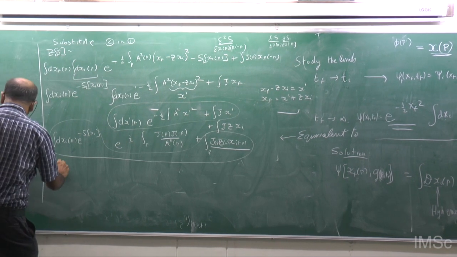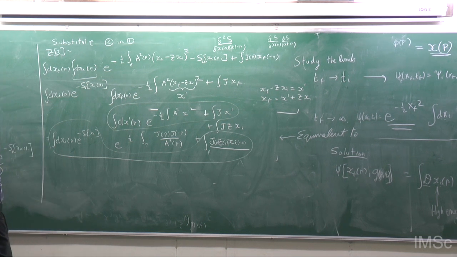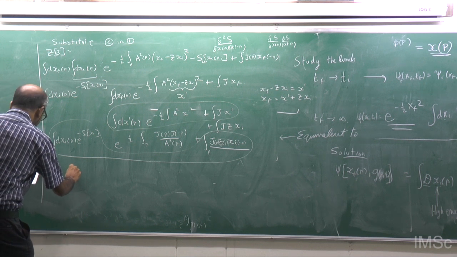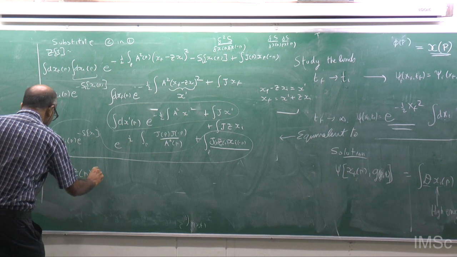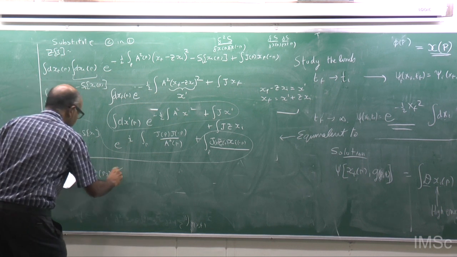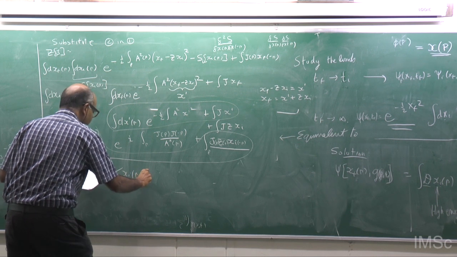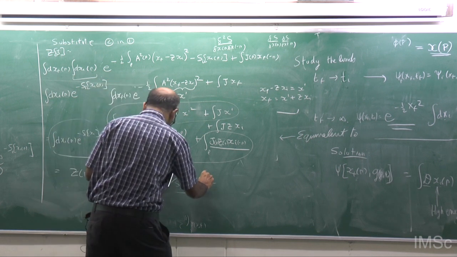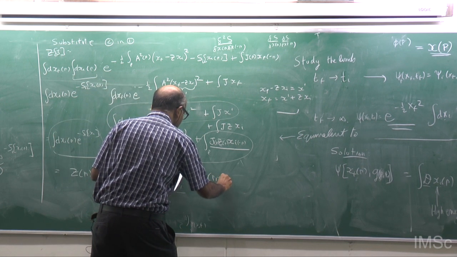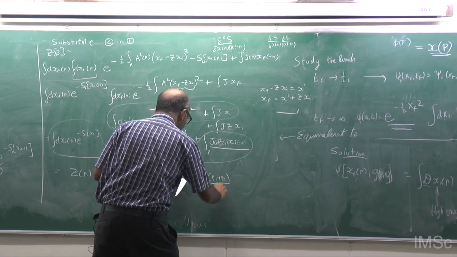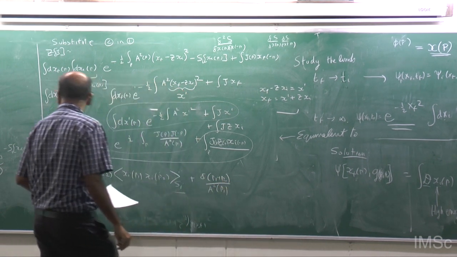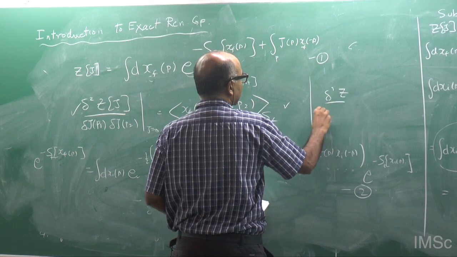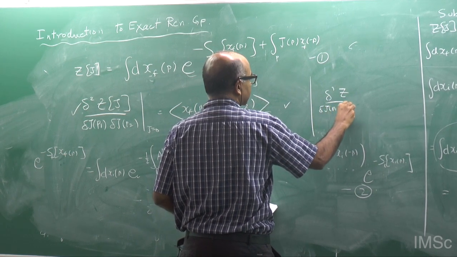What will you get? So this thing will give you the following thing. It will give you z p1 z p2 xi p1 xi p2 in the original Si plus a delta function piece. And if you calculate the cubic one, so you can calculate d cubed z by dj p1 dj p2.